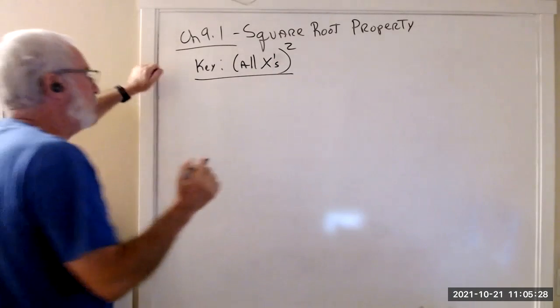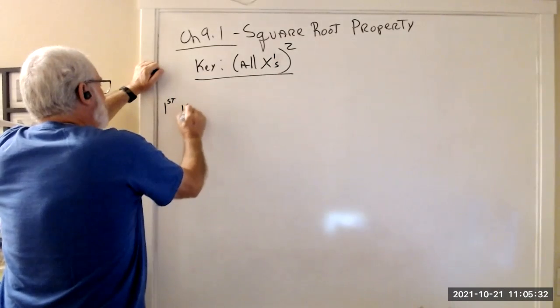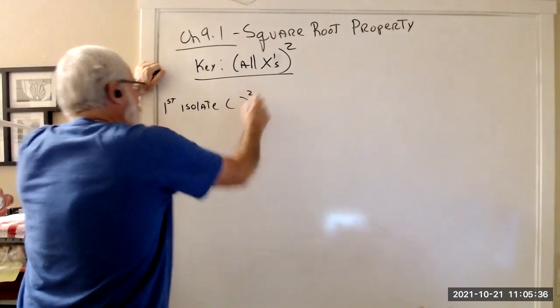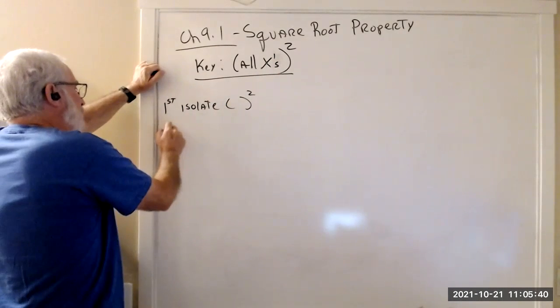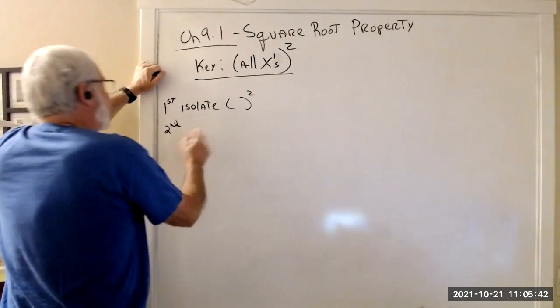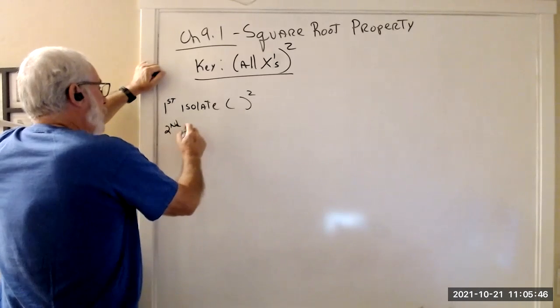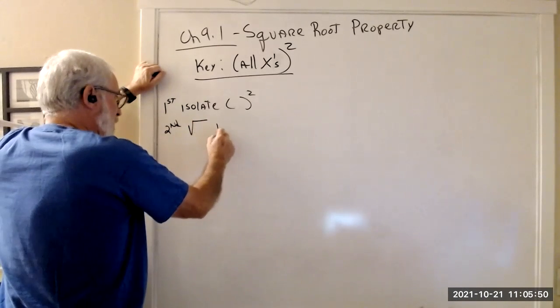So I'm going to show you the steps. First, we're going to isolate the quantity squared. Second, we're going to square root both sides.